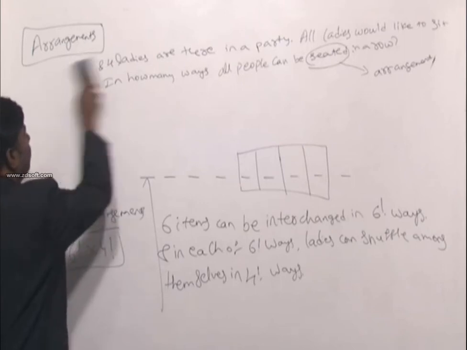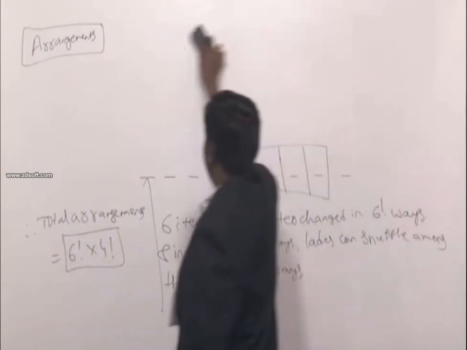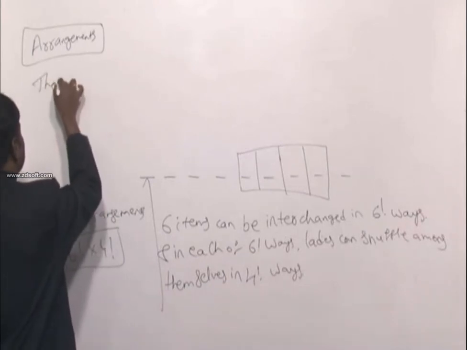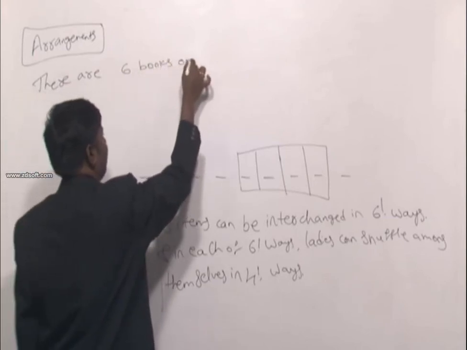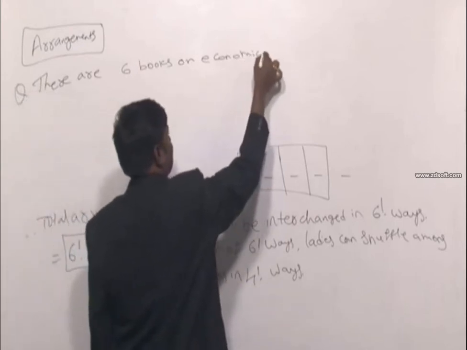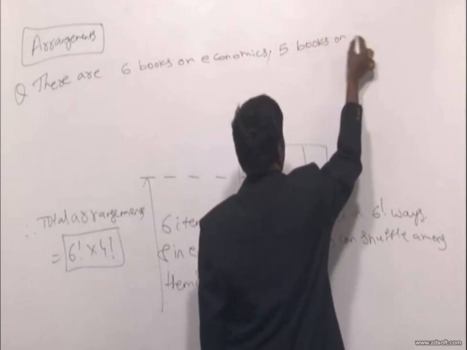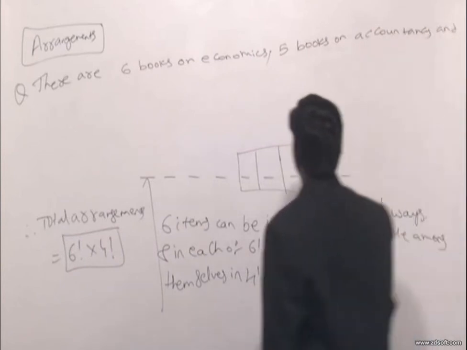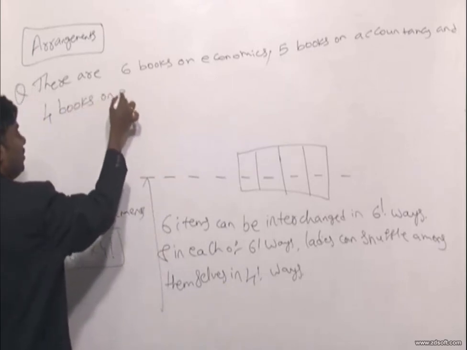So going by this model, let us consider one more problem. There are 6 books on economics, 5 books on accountancy, and 4 books on physics.